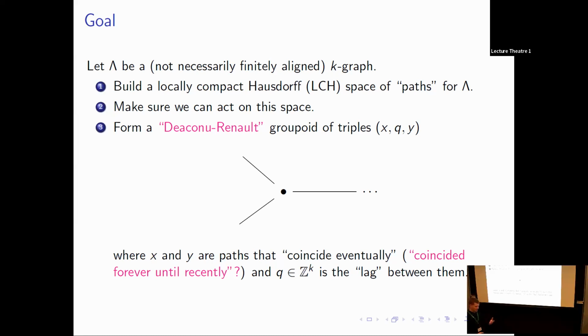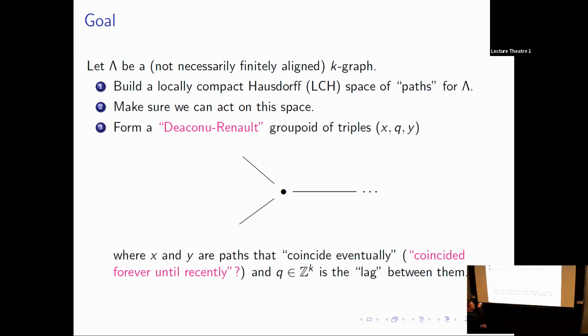And once we've got a nice space, we're going to try and act on that space in the usual sort of way, by shifting bits off of your paths. And if we can act nicely on that space, or if we can act in the bare minimum sensible way on that space, then we'll write down what the Deaconu groupoid is going to be.